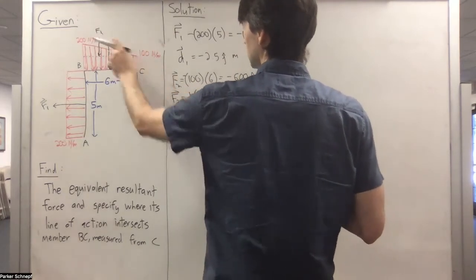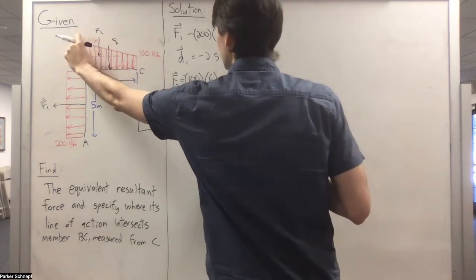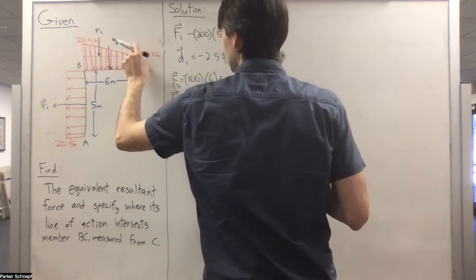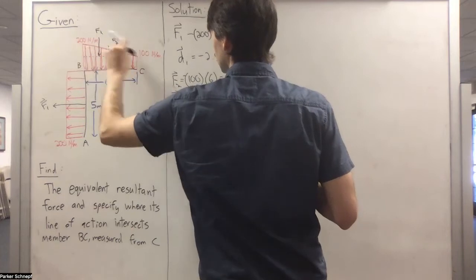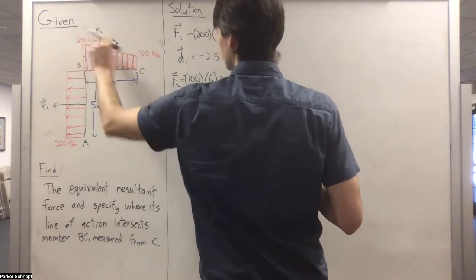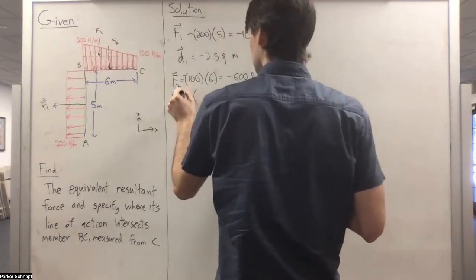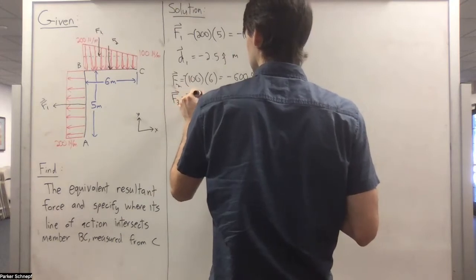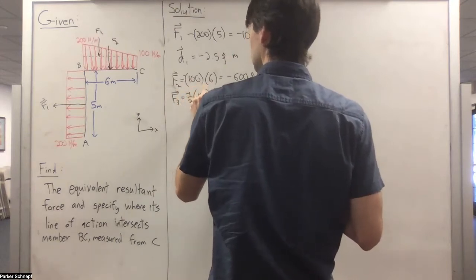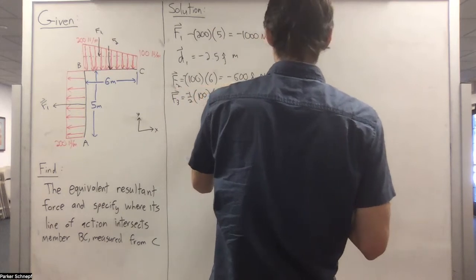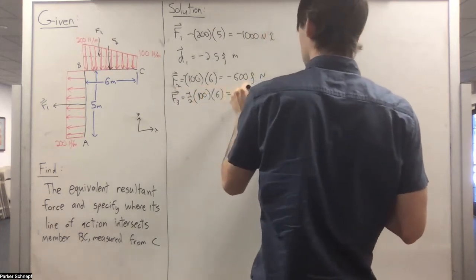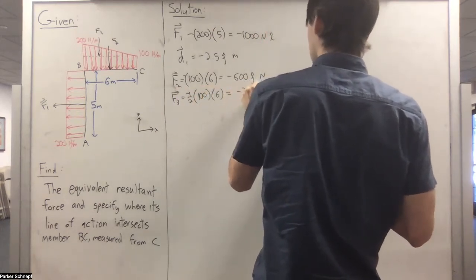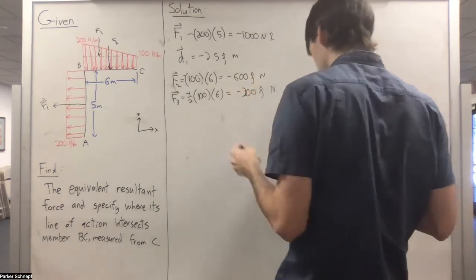So the height is really only 100, because even though it's 200, it's just 200 minus 100, right? So it starts at 0, goes up to 100, so minus 1/2 times 100, also times 6. So that'll give us minus 300 in the y direction, units of newtons.